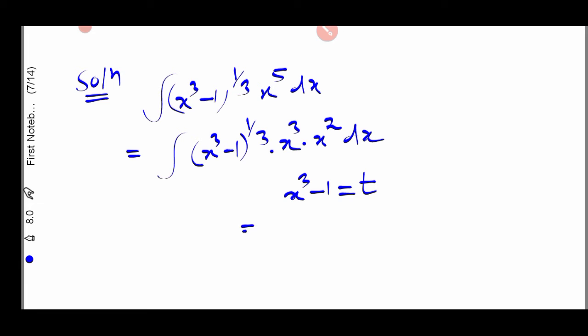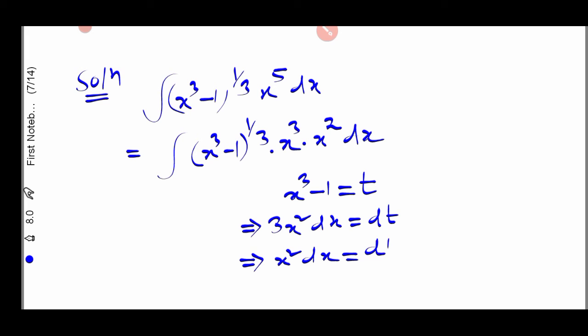Differentiating both sides, we have 3x square into dx equal to dt. From here we have x square dx equal to dt by 3. Now substituting these values, that means x cube minus 1 equal to t and x square dx equal to dt by 3, in the given integration.